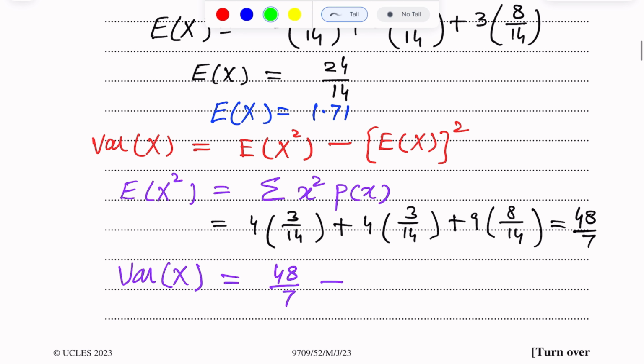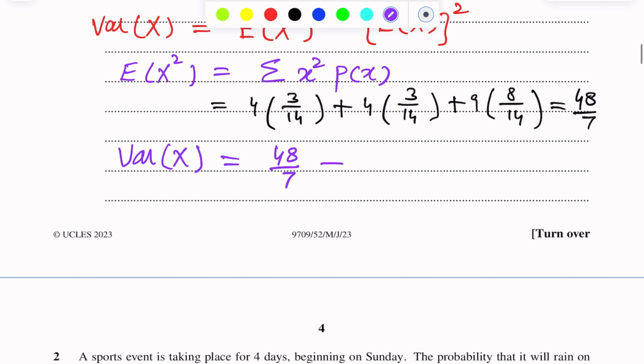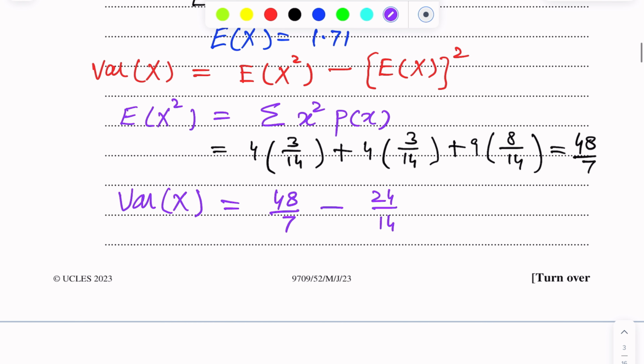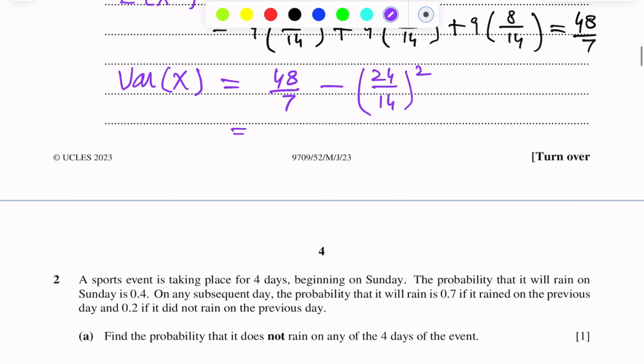Ex is 24 over 14. We will take square, 24 over 14 square. After simplifying, we get 48 over 7 minus 576 over 196. Simplifying, we get finally the answer is 3.92 correct to three significant figures.